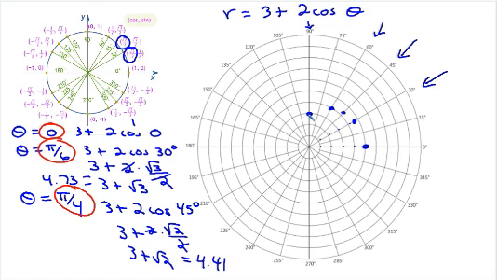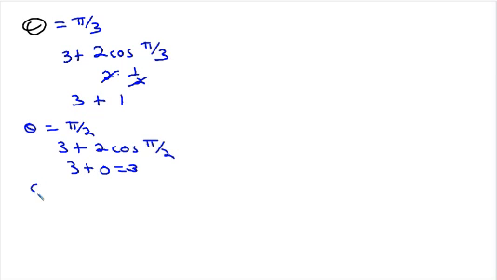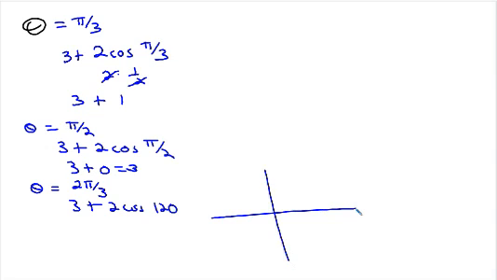Now the next angle we should choose would be 120. If I let theta be 120, which is 2 pi thirds, I have 3 plus 2 times the cosine of that 120. Now, we can get this from that unit circle reference that I gave you, but let's think about this for a second. Here's 120. I use my reference angle, which is 60. There's 30. This is the way we did it with the bow tie.